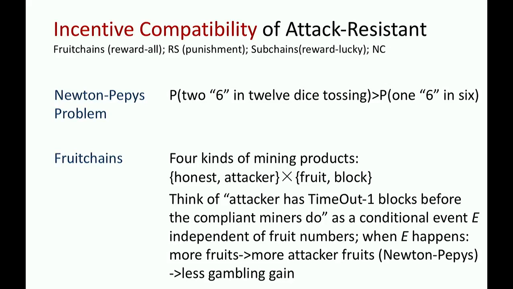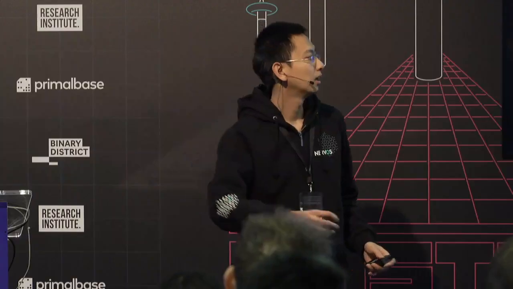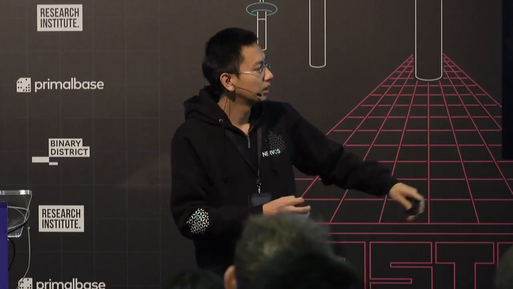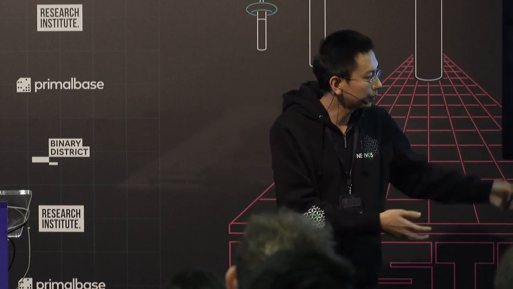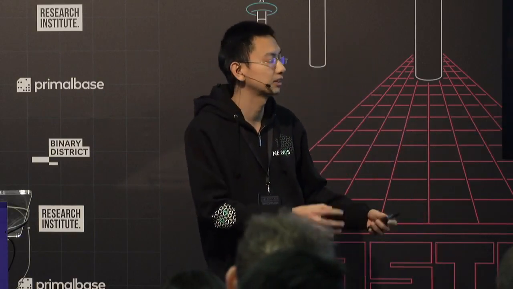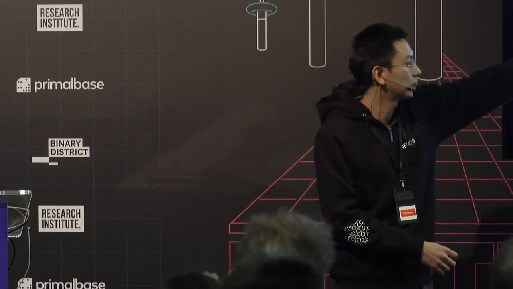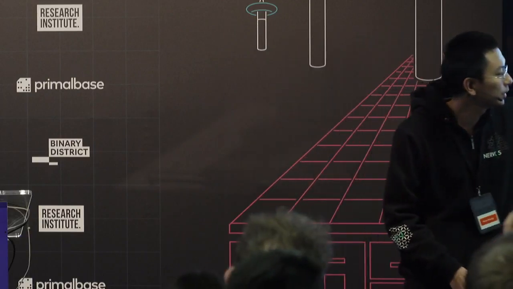But when this condition is met, if there are fewer fruits, the probability that the attacker has more fruits is very low because of the Newton-Pepys problem. So more fruits means more attacker fruits, because the attacker is the minority party.